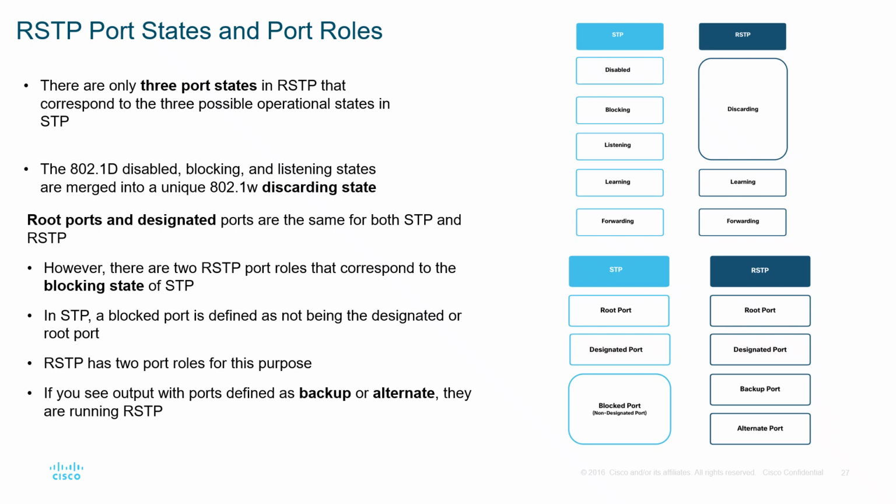So within RSTP, as opposed to STP, there are only 3 port states: the discarding, the learning, and the forwarding. So the 802.1D disabled, blocking, and listening states are all merged into the 802.1w discarding state.